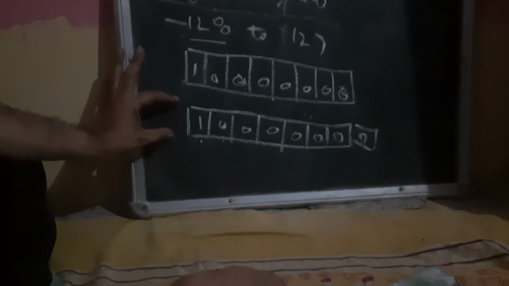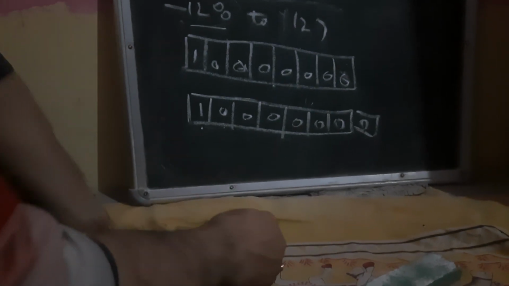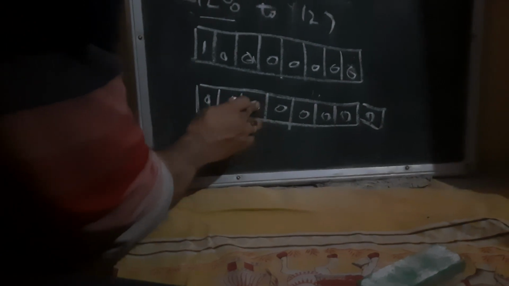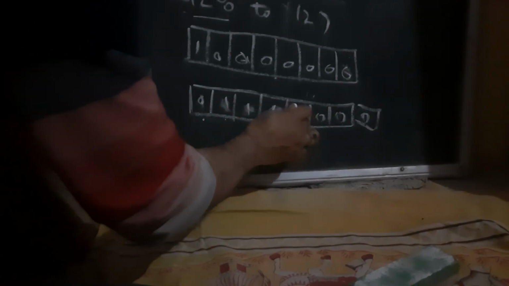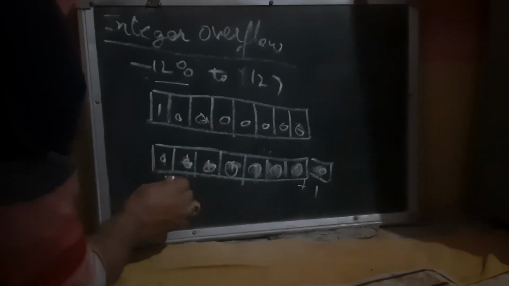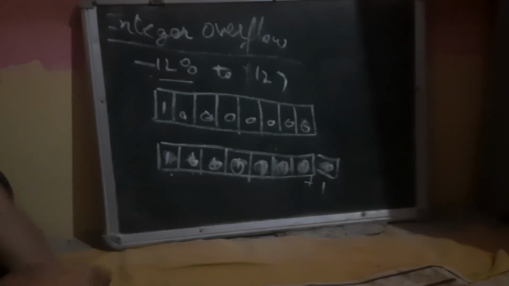So this is the magnitude of -128, and if I take 1's complement, it will be 0, 1, 1, 1, 1, 1, 1, 1. Okay, this is the 1's complement, and if I add 1 to it, it will be 1, 0, 0, 0, 0, 0, 0, 0.